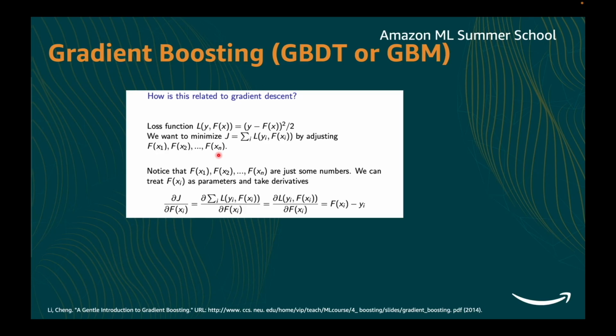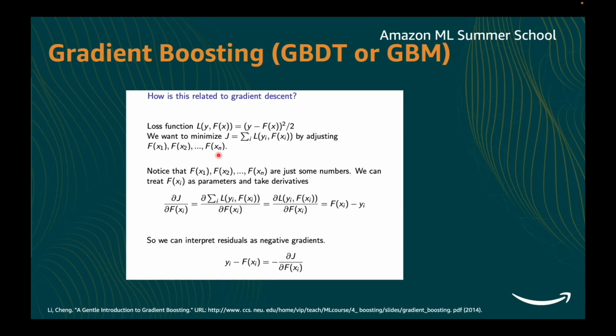So you can treat them as parameters, and you can basically calculate the derivative of this loss. The loss over here is your simple loss function, your squared loss, right?